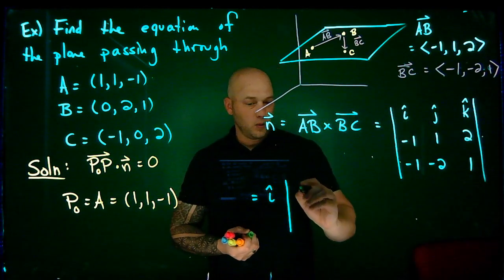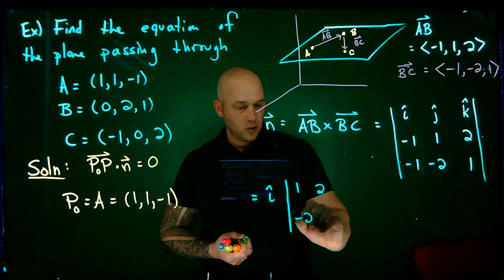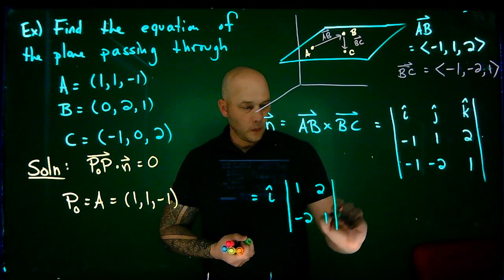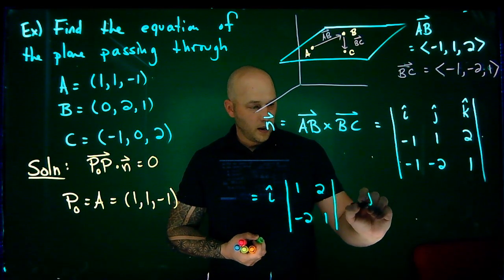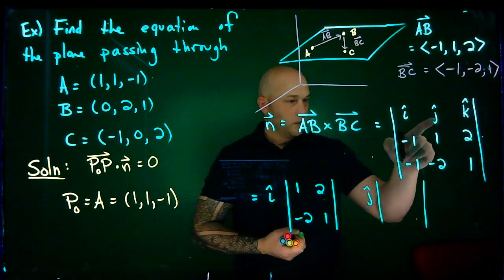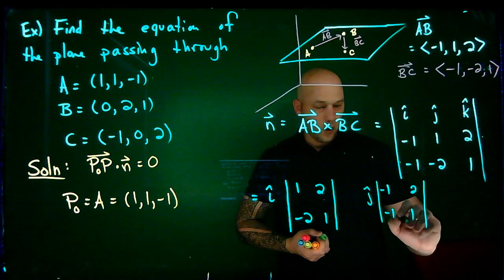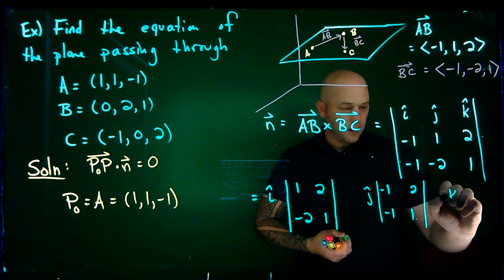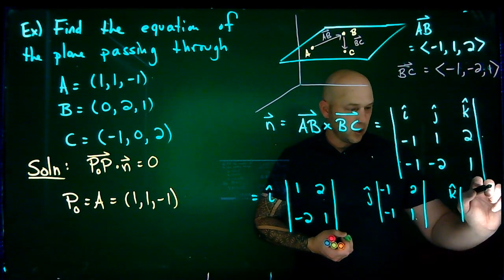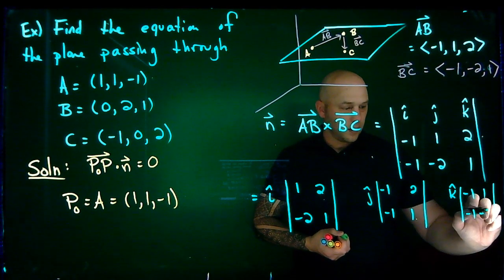Therefore, the 2 by 2 determinant consisting of 1, 2, -2, and 1. The next one I would have is j times the determinant consisting of -1, 2, -1, and 1. And then I would have k times the 2 by 2 determinant consisting of -1, 1, -1, and -2.